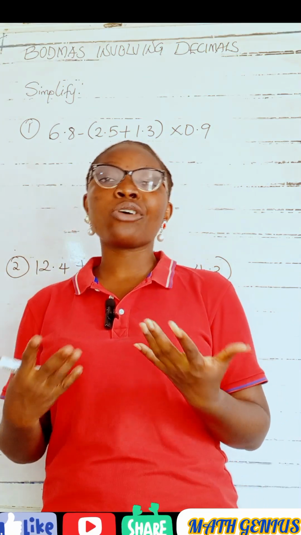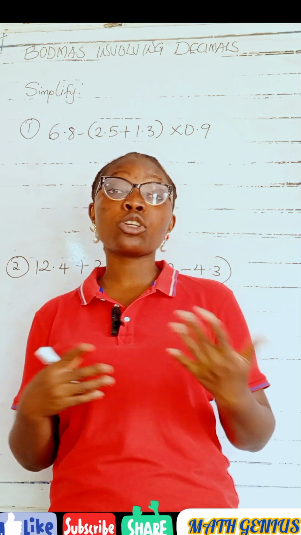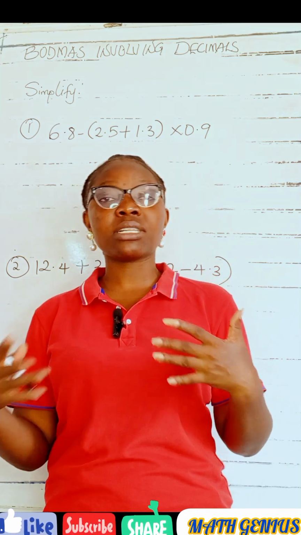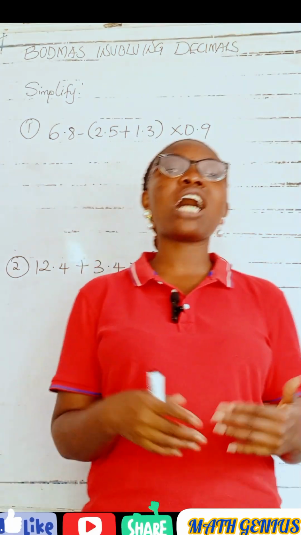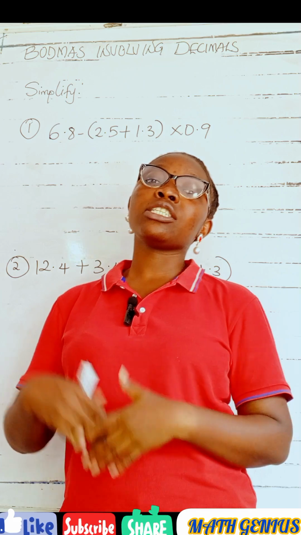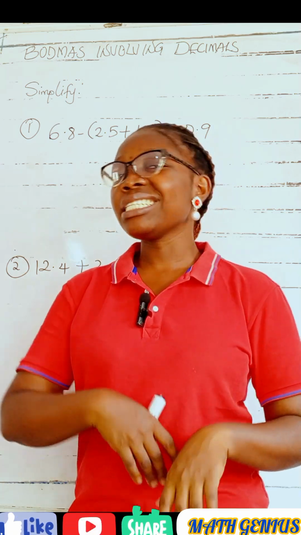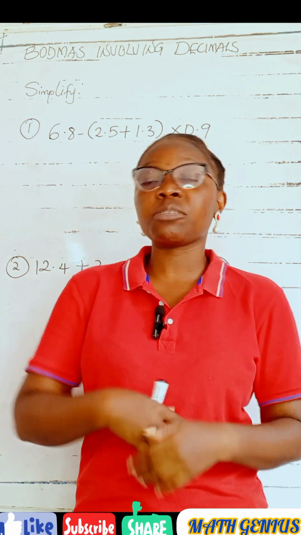BODMAS gives us the order, the rule on how to carry out your various operations in a mathematical statement. This order directs us on how to carry out operations. When I say operations, I mean the addition, the subtraction, the multiplication, the division, and so forth. It tells us which operation we need to carry out before the other.